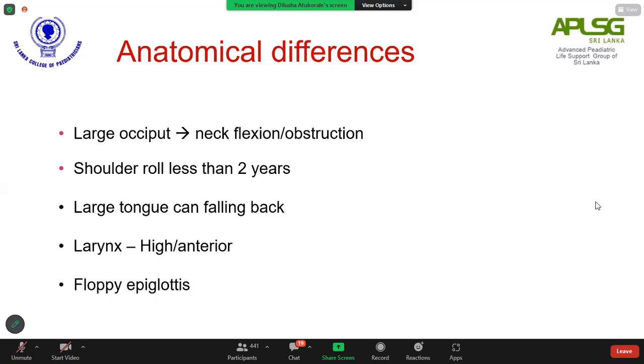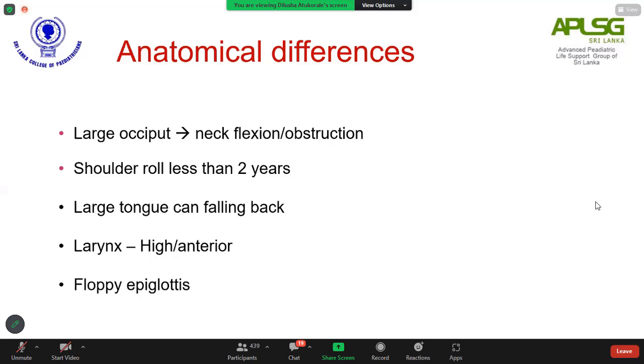Before discussing airway management in children, I want to highlight a few anatomical differences between a child and an adult, because this will be important in managing the airway. In younger children, especially infants, they have a large occiput which can cause the neck to be flexed and can cause upper airway obstruction.